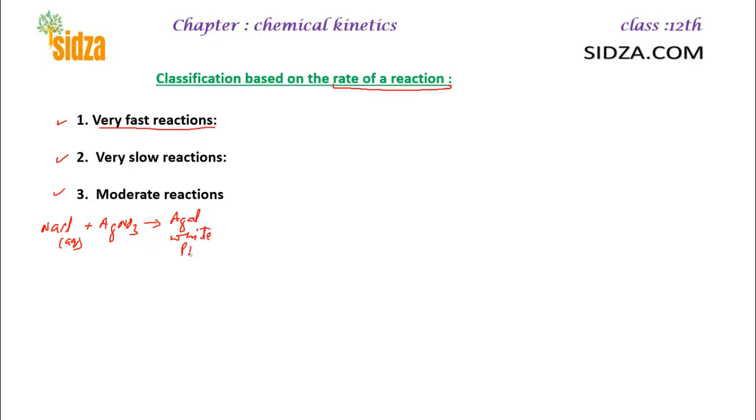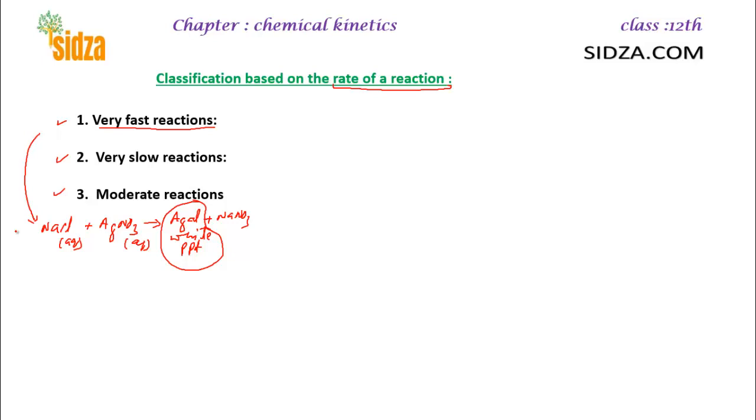So you get a white precipitate of silver chloride, and you also get sodium nitrate, NaNO3. The white precipitate will be quickly formed. As soon as you mix the sodium chloride solution with the silver nitrate solution, you get a white precipitate. The reaction is very fast, right?